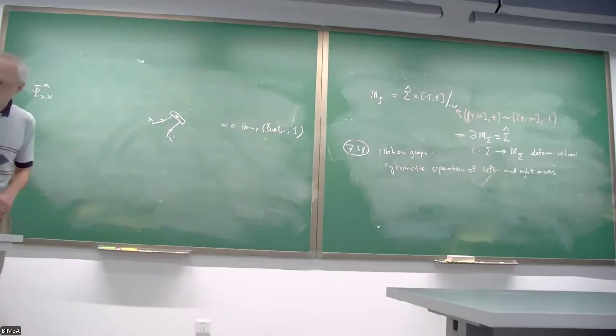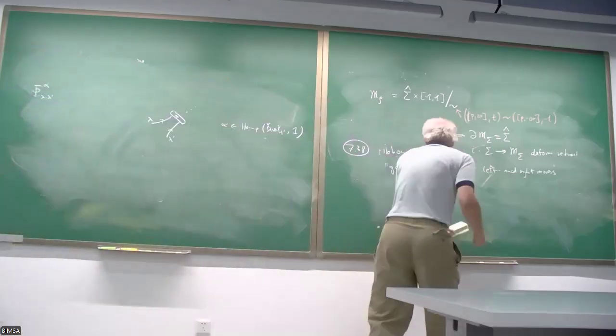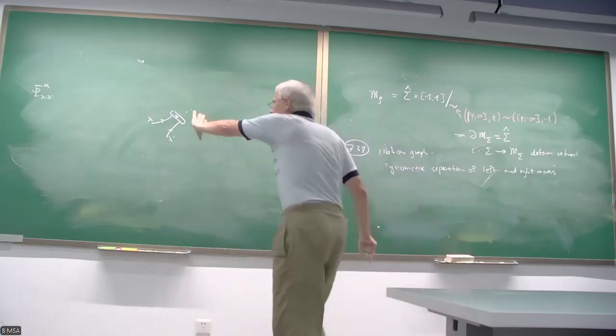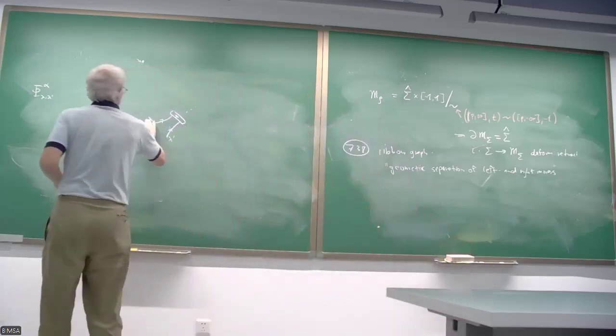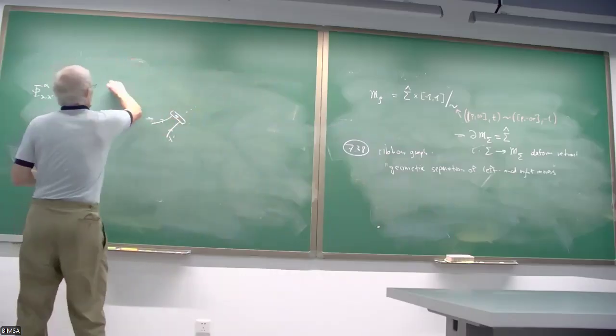And now I say this is not only have my worldsheet in which this is located, but I have my sigma hat and its three manifold.